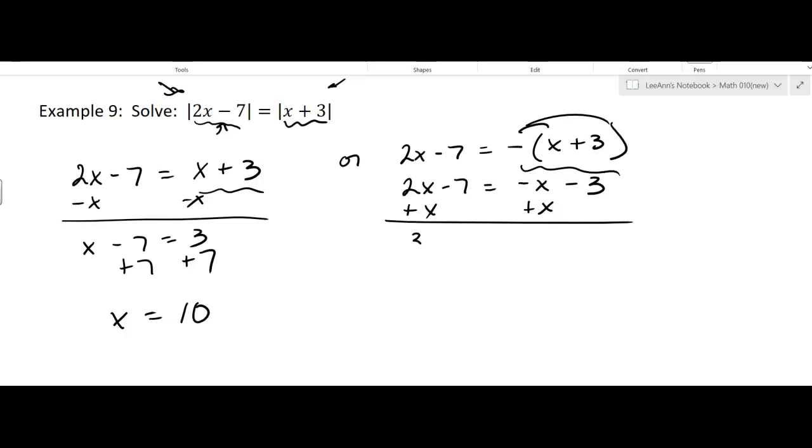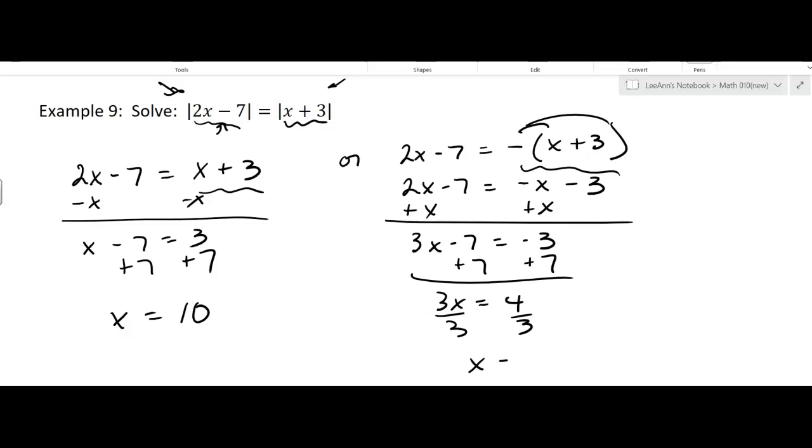So I get 3x minus 7 equals negative 3. And then I add 7, and I get 3x equals 4. And then I would divide by 3, and I would get x equals 4/3. So there are 2 solutions, 10 and 4/3.